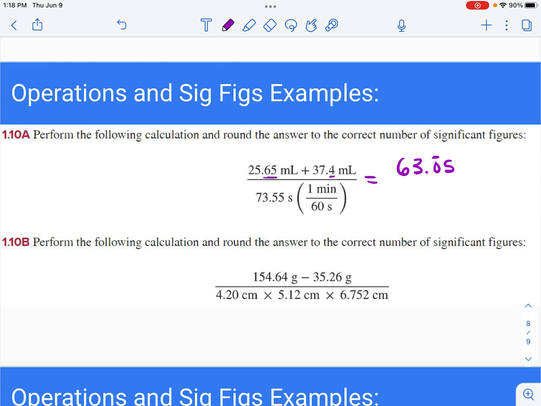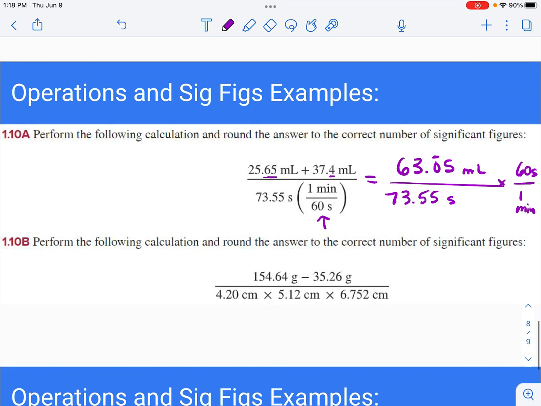So I have to be really careful, because when I do my multiplication and division, now I'm worried about total sig figs. Okay, so now I'm going to go ahead and divide that by 73.55, and these are milliliters, seconds, and multiply, because this is dividing by a fraction, multiply by 60 seconds over 1 minute. Okay, so when I do that, you need to know that this is an exact equality, which means it has unlimited significant figures.